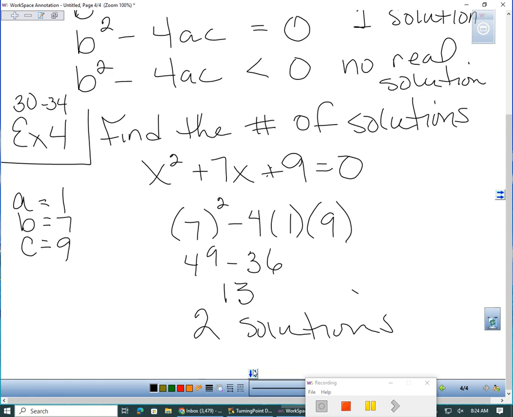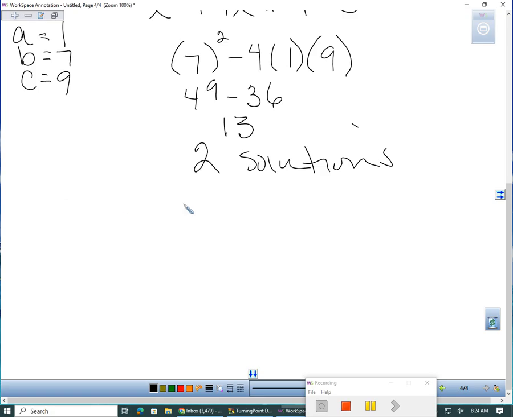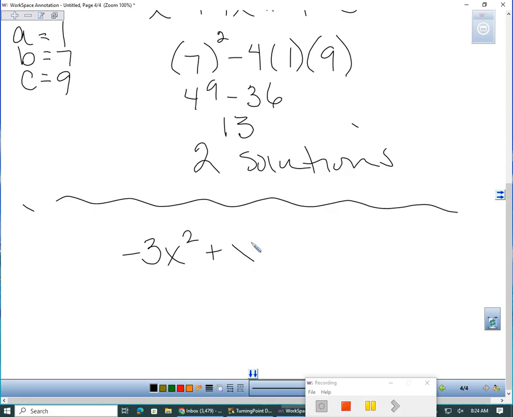All right, let's do one more in this section real quick. Let's say I have negative 3x squared plus x plus 9 equals 0. A equals negative 3, b equals 1, and c equals 9.